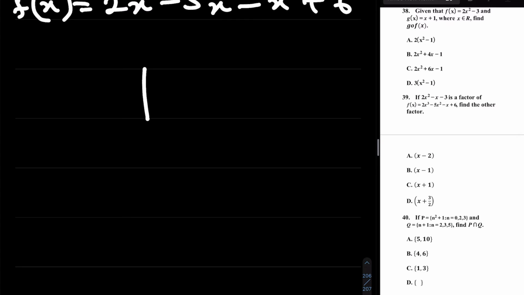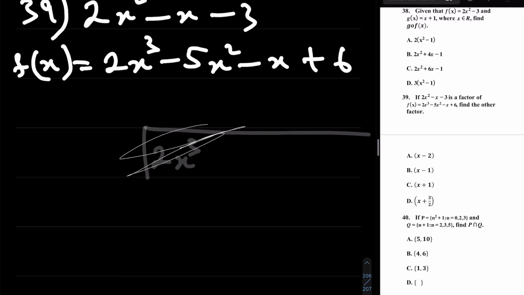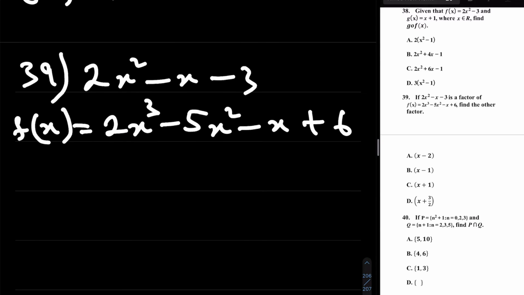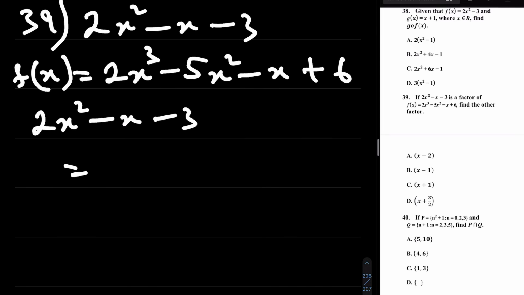And that's what I'm going to do here. I'm dividing f of x, which is 2x cubed. Or better still, I can check here if 2x squared minus x minus 3 can be factorized. Let's see, that's going to be 2x squared.